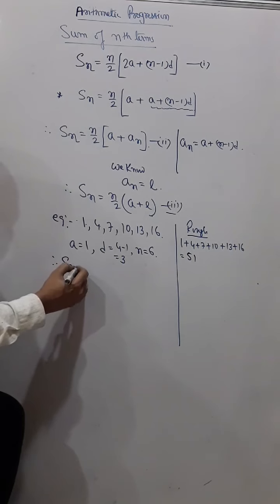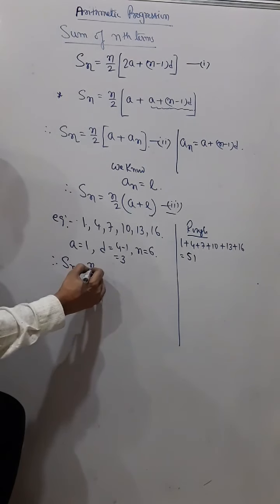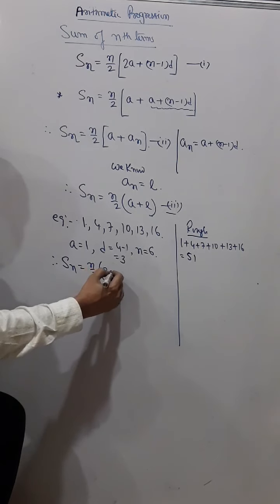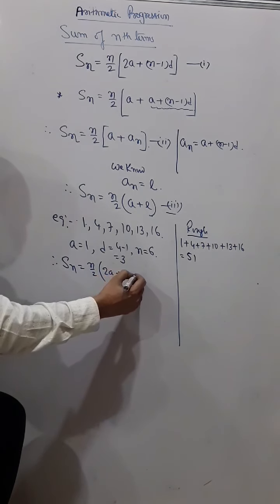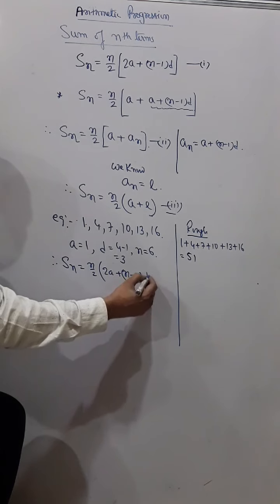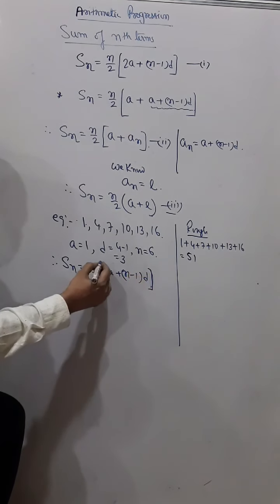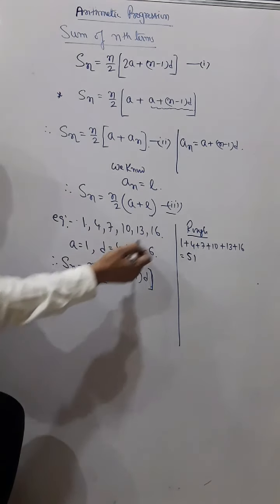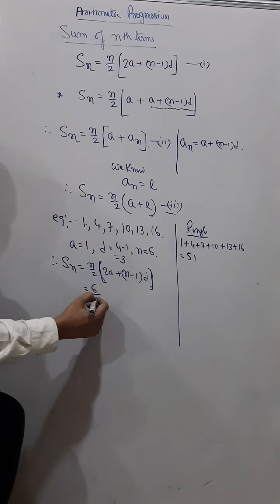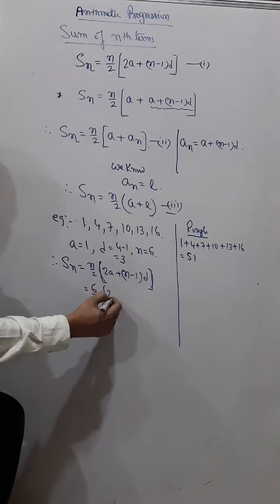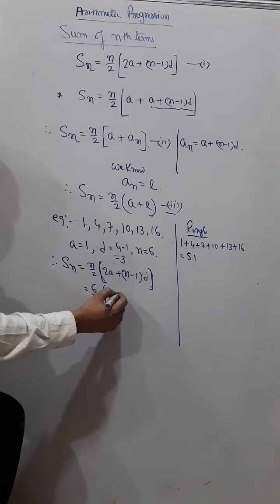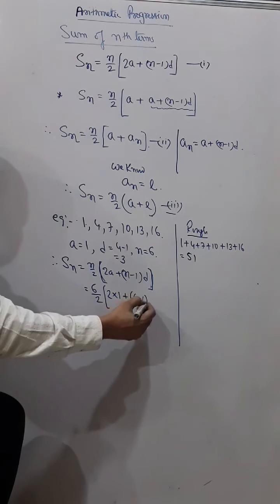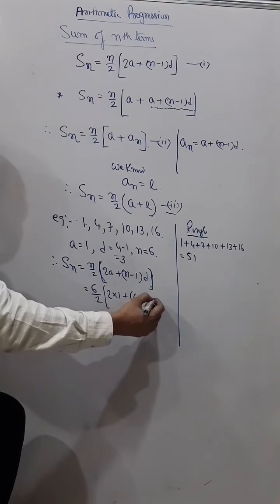So we know Sn is equal to n by 2 into 2a plus n minus 1 into d. As we have seen, n means there are 6 terms, so this becomes 6 by 2 into 2 into first term, that is 1, plus n minus 1, that is 6 minus 1, and d is 3.